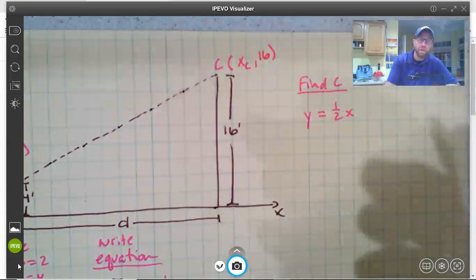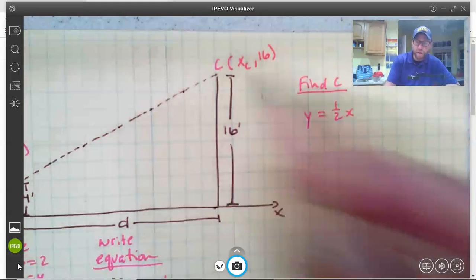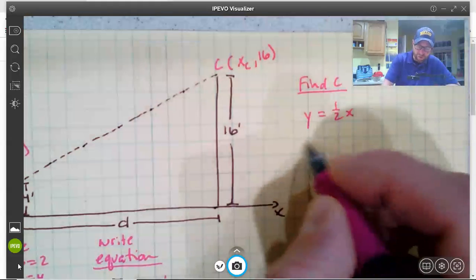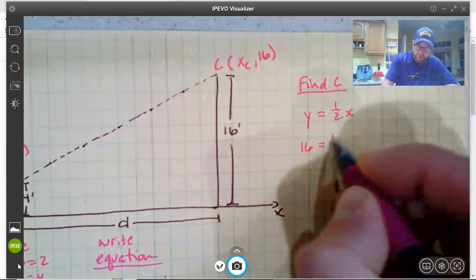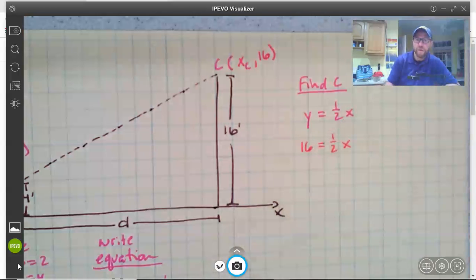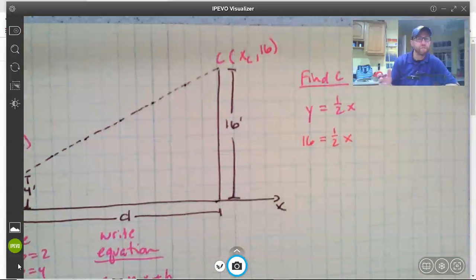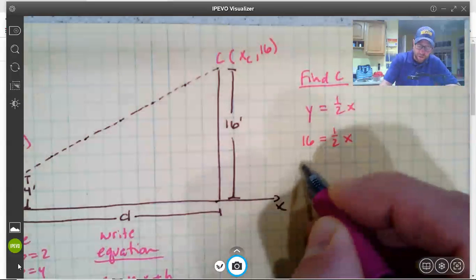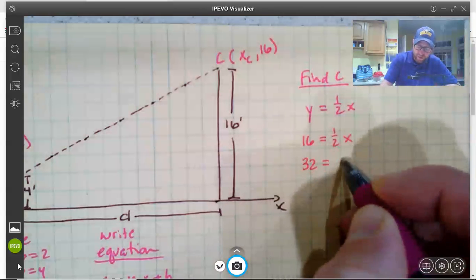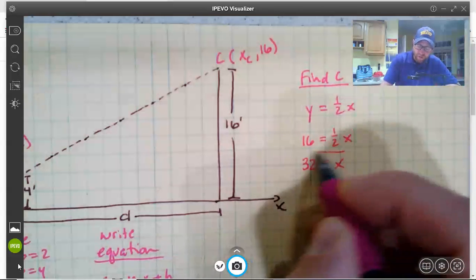We determined that in an earlier problem. We just don't know how far out it is. So we'll replace y with 16 equals 1/2 x. Divide both sides by 1/2. You can always use your calculator for this, or you could remember that dividing by 1/2 is the same as multiplying by 2. So that gives us 32 equals x.